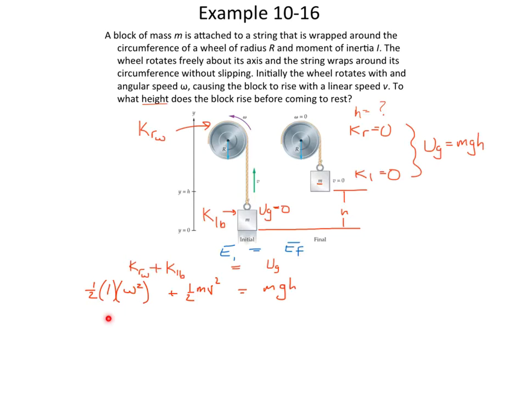Okay, let's see if we can get some things to, if not cancel out, at least to sort of factor. Now we have this v right here and this omega right here. We know that the angular velocity can be stated in terms of v. We said earlier in the chapter that angular velocity is linear velocity over radius. So if that is squared, then omega squared equals linear velocity over radius, squared.